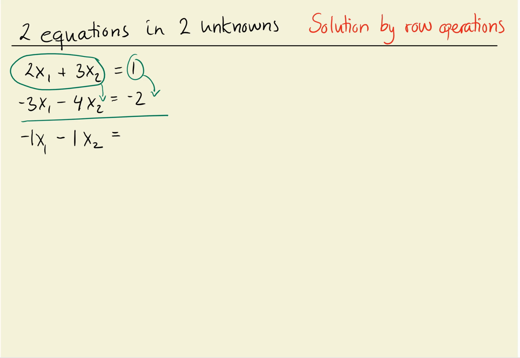And over here on the right-hand side I get 1 plus minus 2, that's minus 1. Now, I haven't really obtained anything from doing this operation. The purpose was just to show that this is a legal operation. I obtained a new equation, but I didn't really obtain any new information.